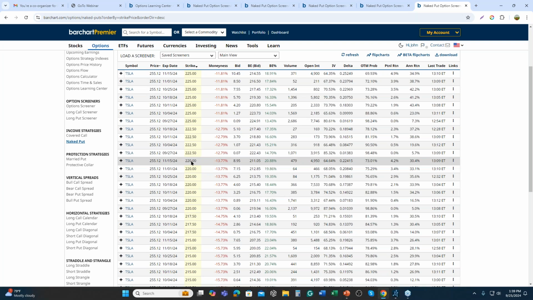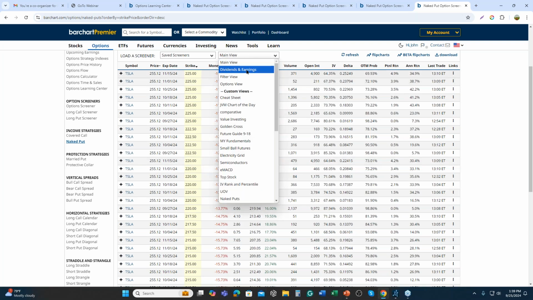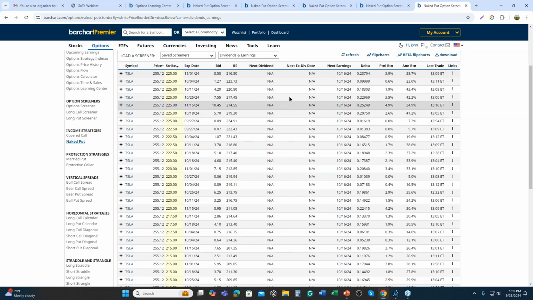Now you've got to take that moment to think about dividends and earnings. Just because it says NA doesn't mean that they don't pay dividends on some stocks. It just means that they probably haven't set the dividend date. But I'm more concerned about earnings, because we know earnings is a catalyst for price movement.